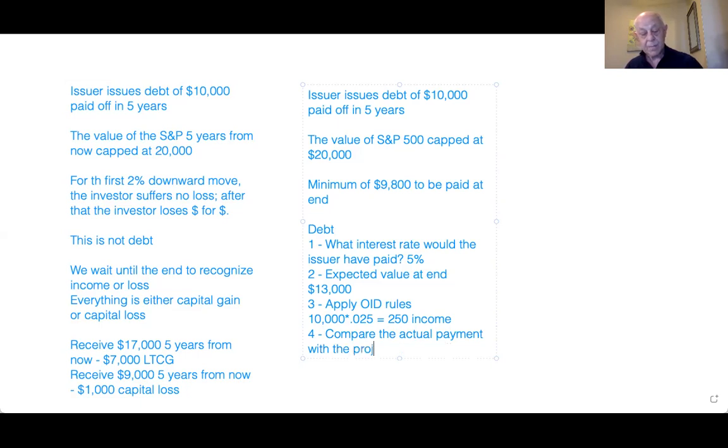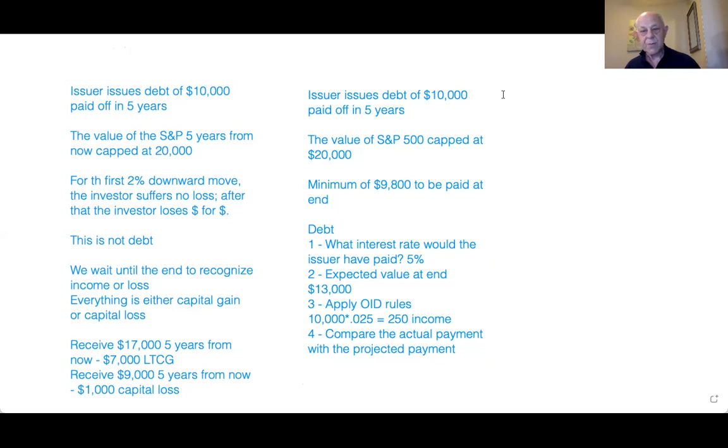Now, by the time we get to the very end, we will have accrued the entire difference between the 10,000 and the final projected payment. So if the projected payment, I'm going to go to the top here, and hopefully I won't run out of room.